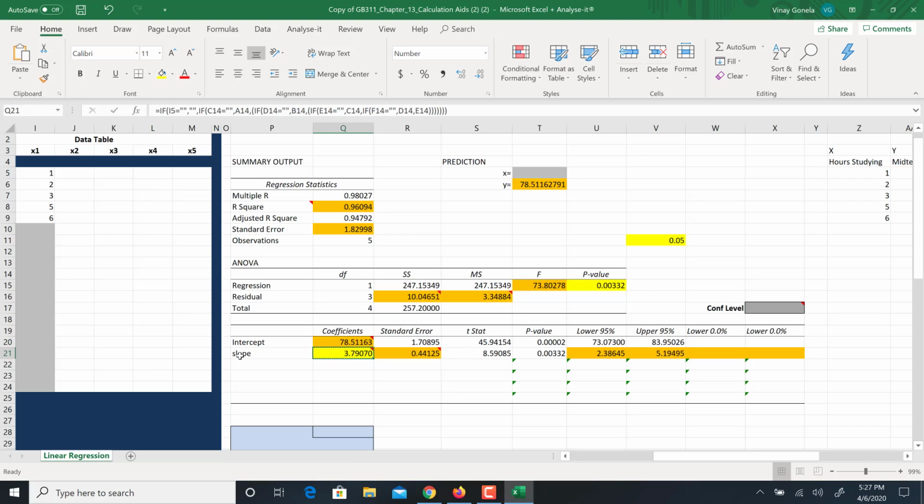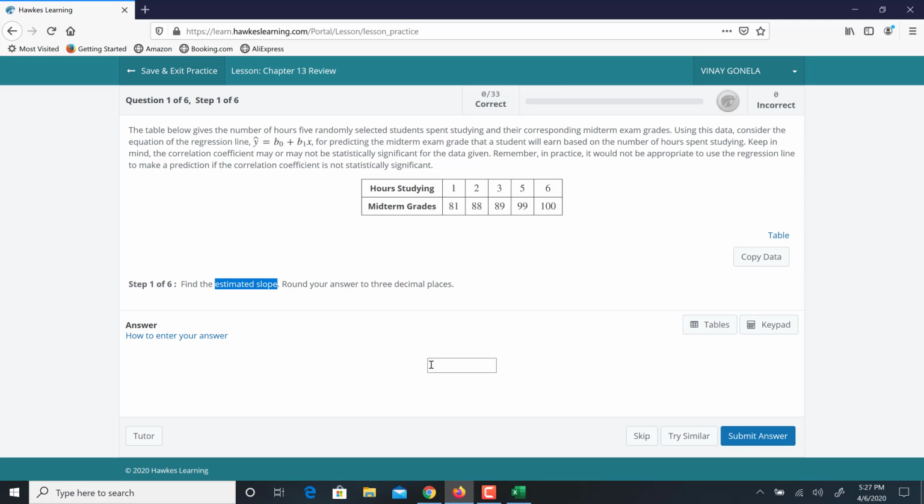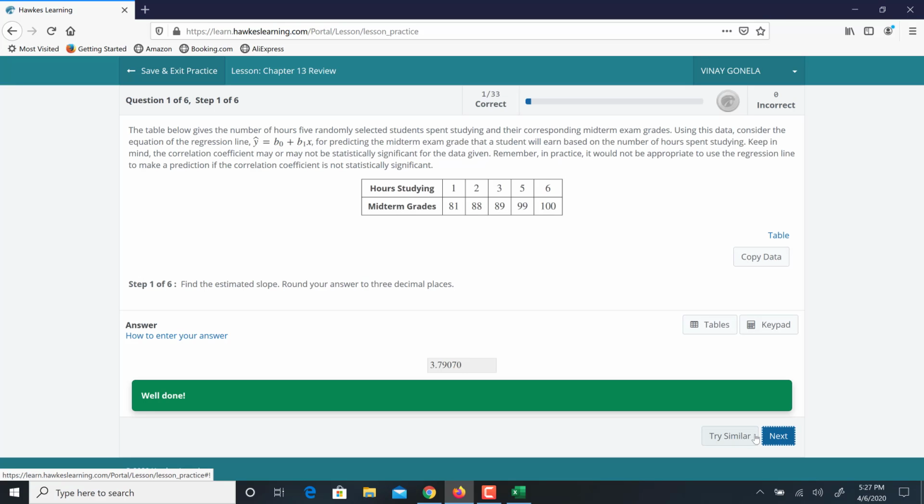Because if you see here, everything in that row is related to the slope, and everything in the intercept row is related to the intercept. So currently the slope is 3.79. So I will go and paste that here. So that is the slope.